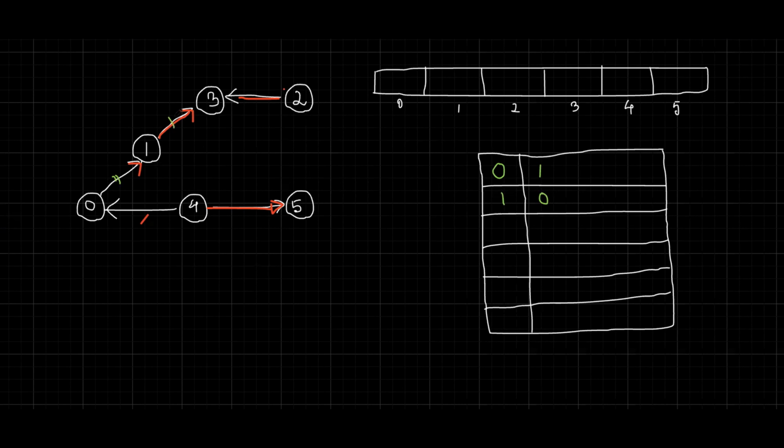Now, for this edge 1 to 3, we have to insert 3 in the adjacency list of 1, and we have to insert minus 1 in the adjacency list of 3.